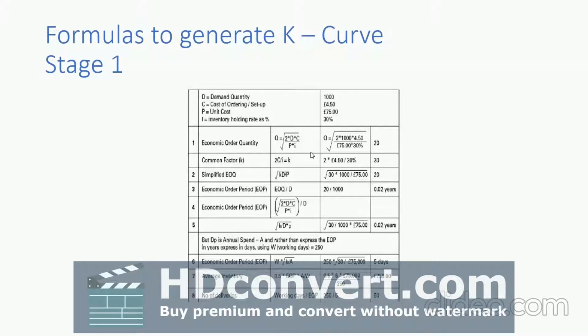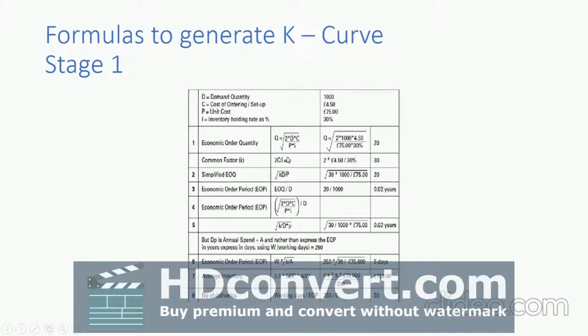So in order to express EOQ as an economic order period, the first step is to substitute K in the EOQ formula. K being the constant and common factor, K is nothing but 2 times C divided by I, where C is the cost of ordering and I is the inventory holding rate.